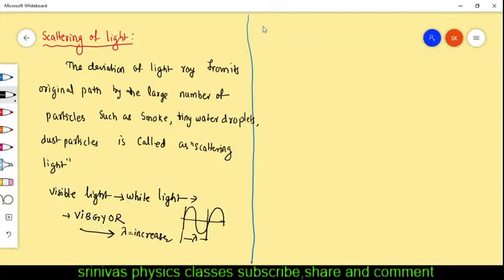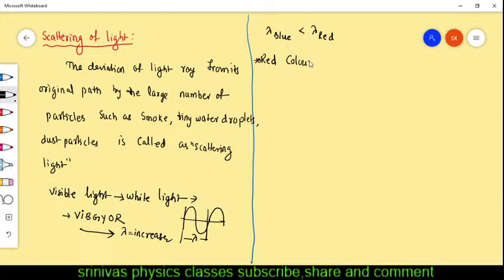Blue color has low wavelength compared with the red color. Remember it. Red color has the highest wavelength among all color lights.